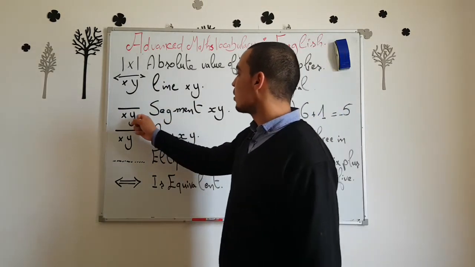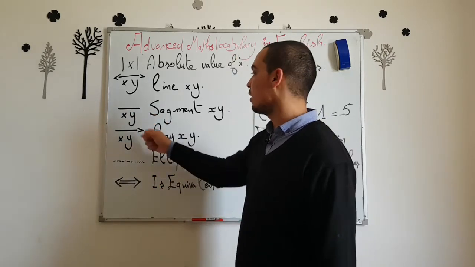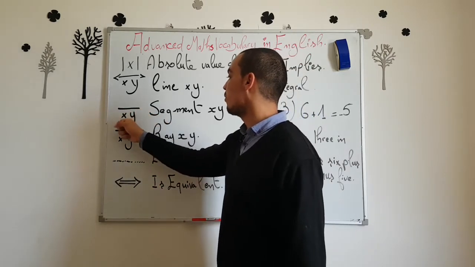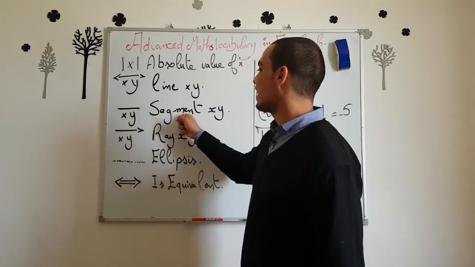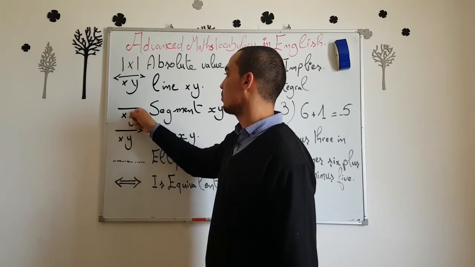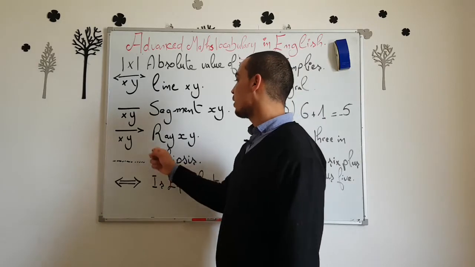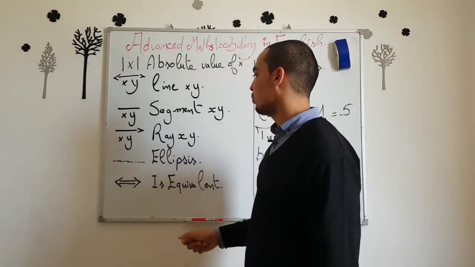The third one is a simple line above the letters, which is segment, okay? Segment xy. This is line, this is segment, but try to make a difference between them.